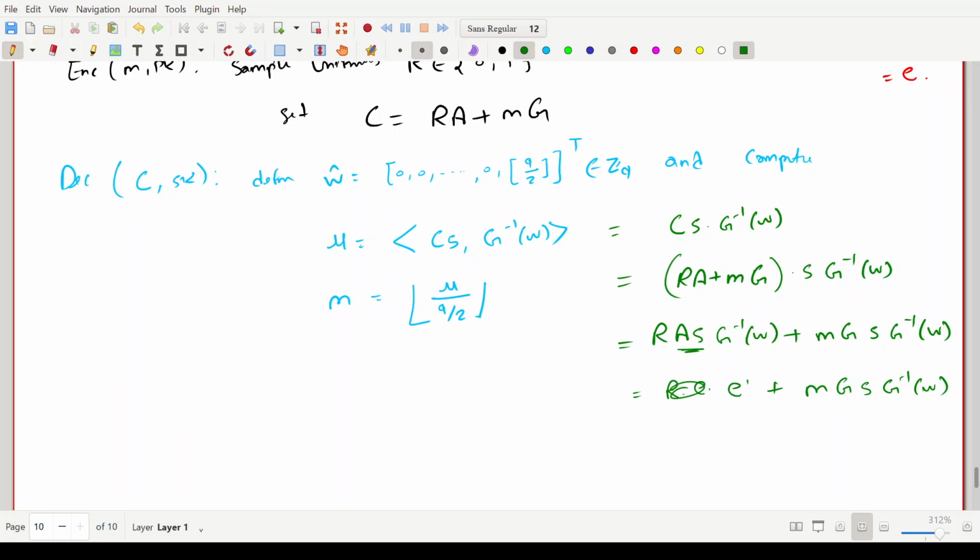You do one thing, you just multiply C into S. Yeah, this will be S into C. If this is S into C, then I think it will work.